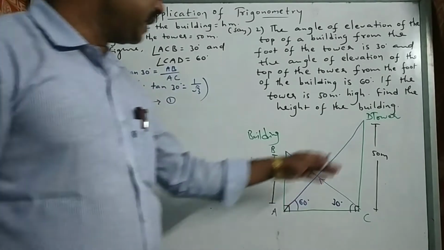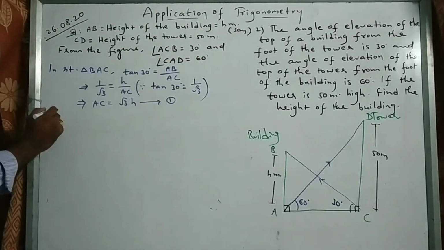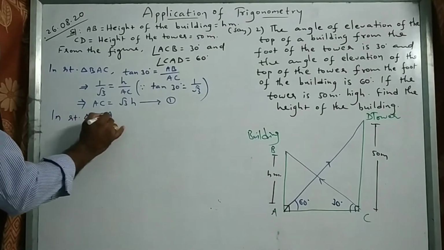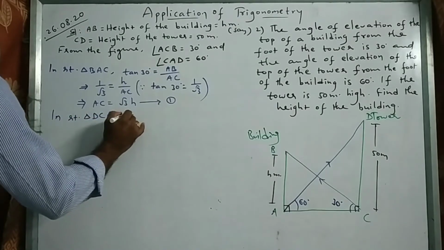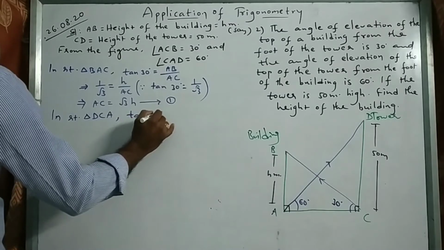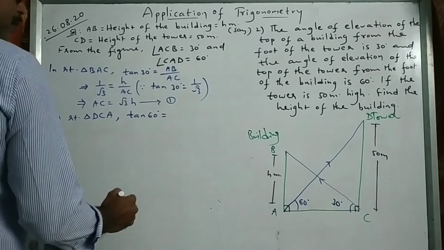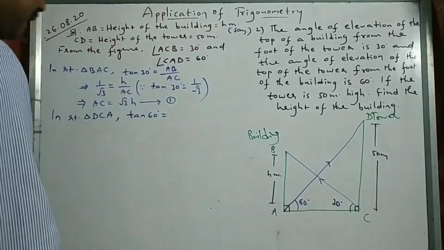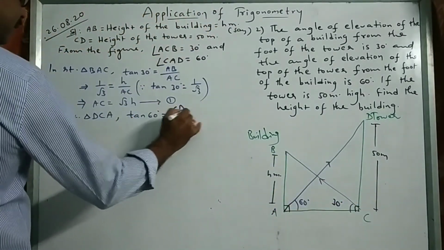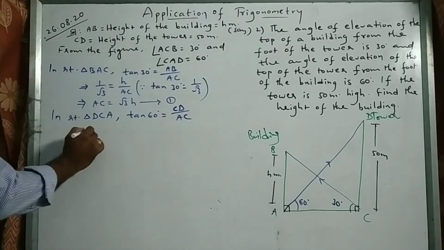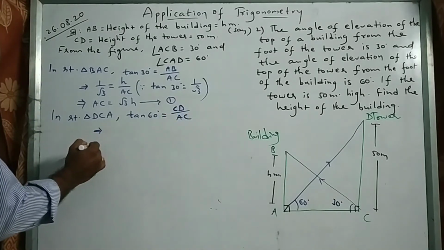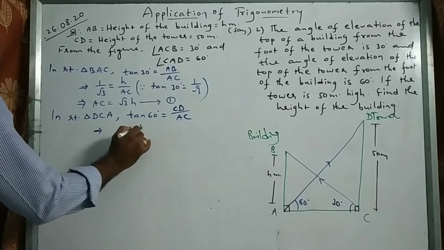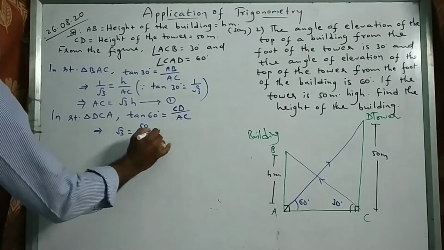What is the other right triangle? DCA. In right triangle DCA, take tan 60 equal to opposite over adjacent, CD by AC. The value of tan 60 degrees is root 3, so root 3 equals 50 by AC.